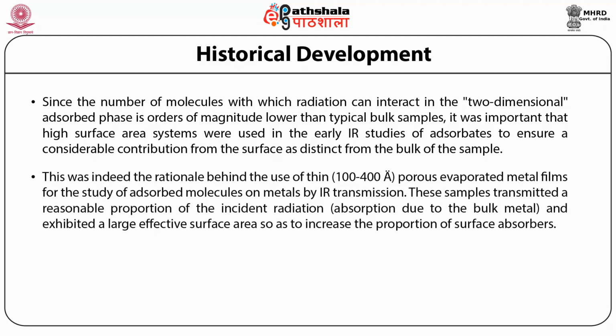This was indeed the rationale behind the use of thin, that is 100 to 400 angstrom, porous evaporated metal films for the study of adsorbed molecules on metals by IR transmission.